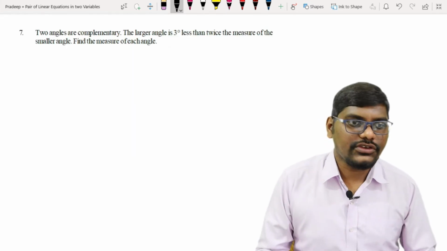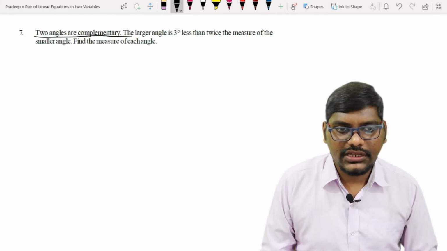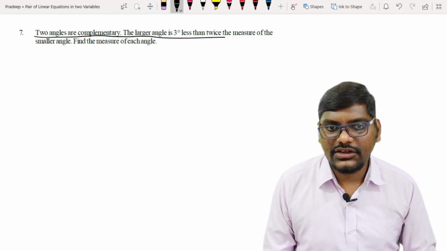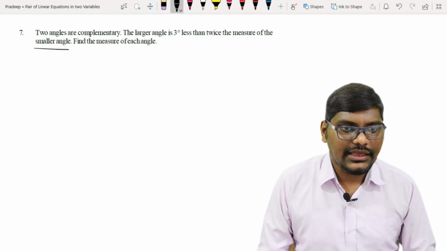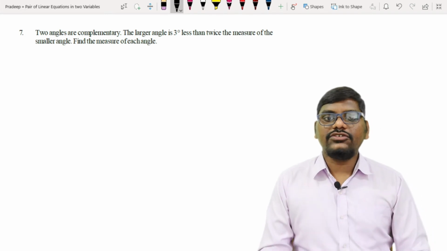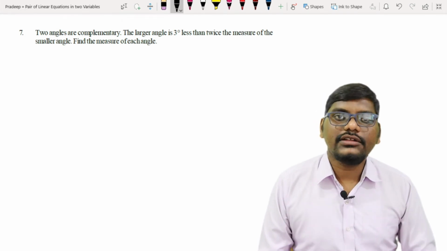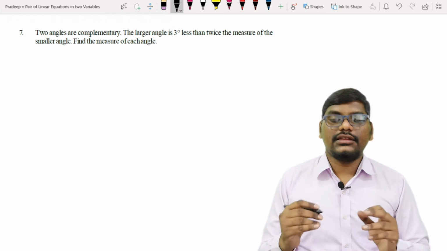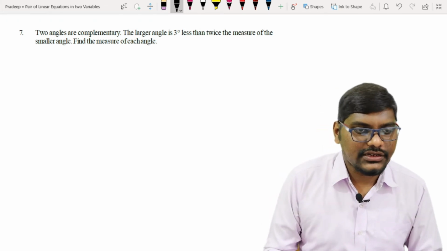So let's see the seventh question. Two angles are complementary. The larger angle is 3 degrees less than twice the measure of the smaller angle. Find the measure of each angle. Okay, so there are two angles here. One is the smaller angle and the other one is the larger angle. So first we'll write that.